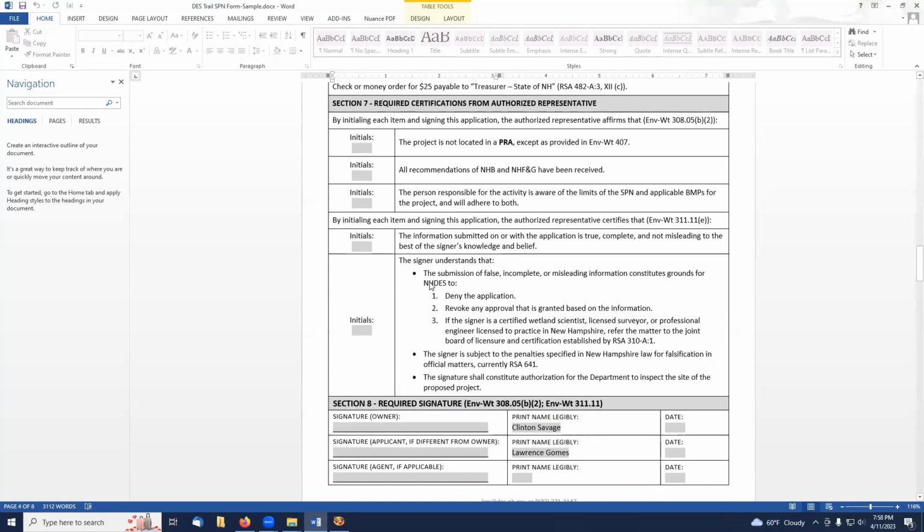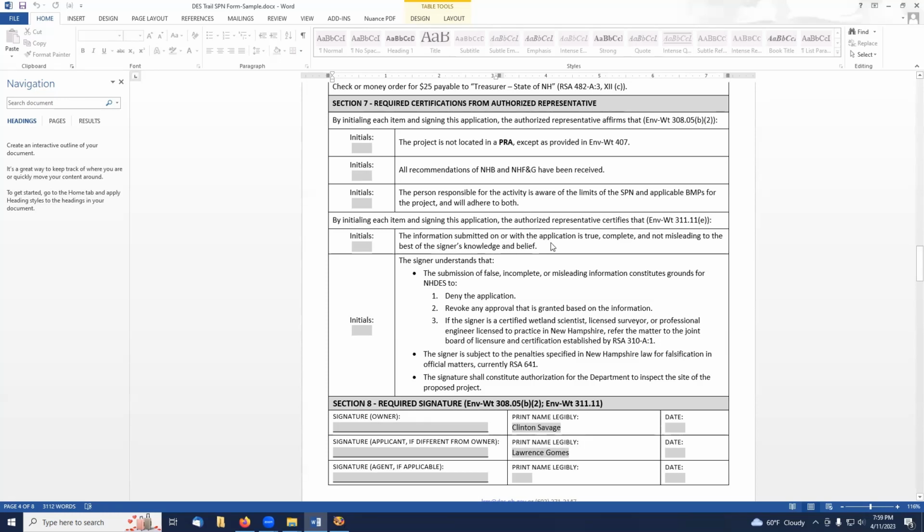And then section 7 is where you have to initial, saying that, you know, pretty much your project is not located in a prime wetland. You're following all the recommendations of NHB and Fish and Game. You're aware of the limits of the SPN, those limits that we spoke about in terms of square footage and distance and all that, and you're going to adhere to them.